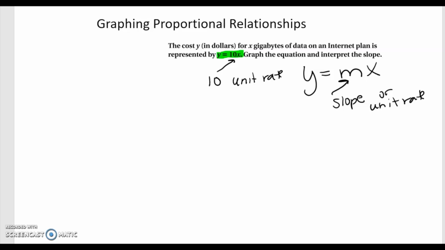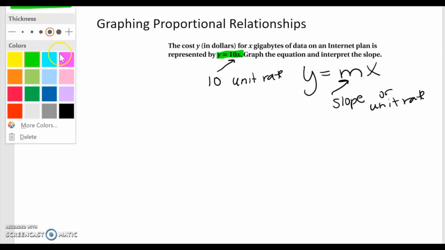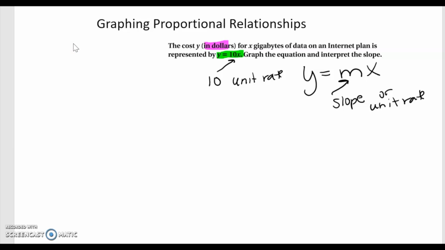Now this problem is talking about dollars, and it's talking about gigabytes of data. So what we're looking at here is that we're going to be paying $10 per gig of data.